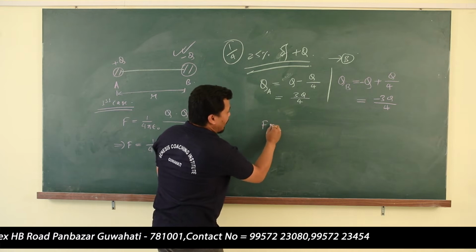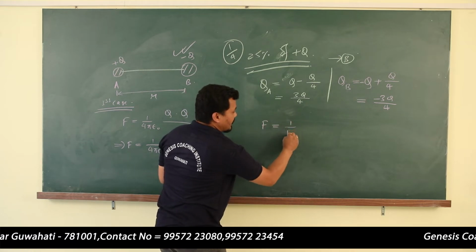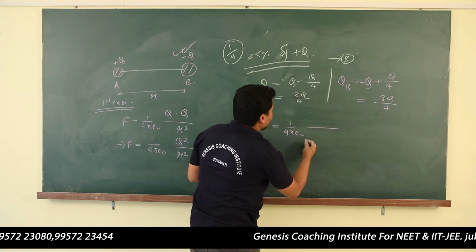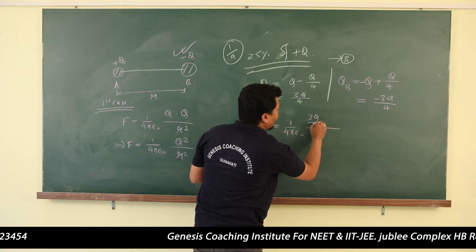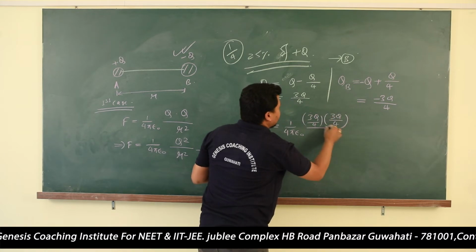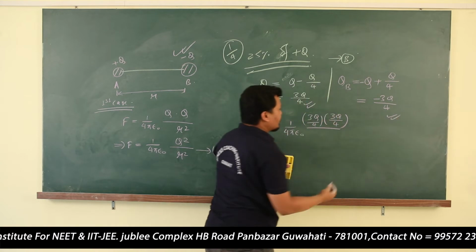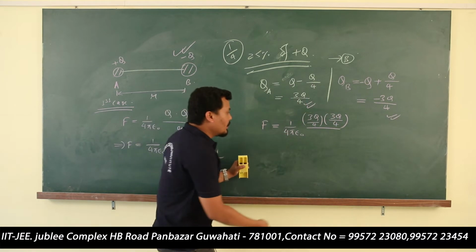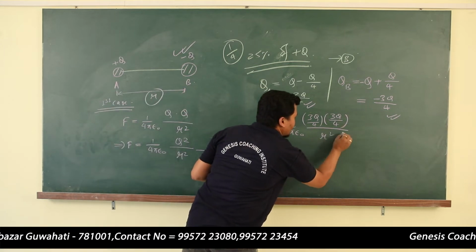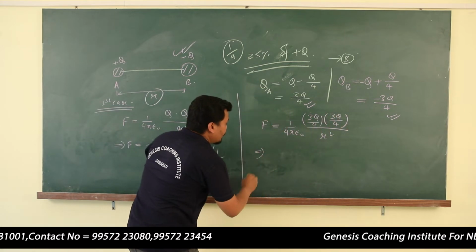So the force F dash equals 1 by 4 pi epsilon naught, 3Q by 4 into 3Q by 4, again the magnitudes are the same, divided by the distance, which is the same, R, divided by R square. Now try to solve this one.